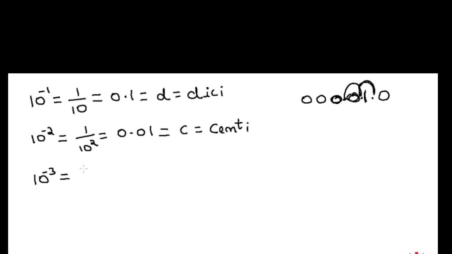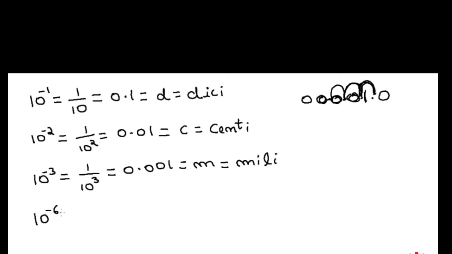Third one is 10 to the power of minus 3. It is 1 by 10 cube, 1 by 10 to the power of 3. So here from 1.0 I have to shift this decimal point 1, 2 and 3. Now it has become 0.001. It is denoted by small m, that is milli.